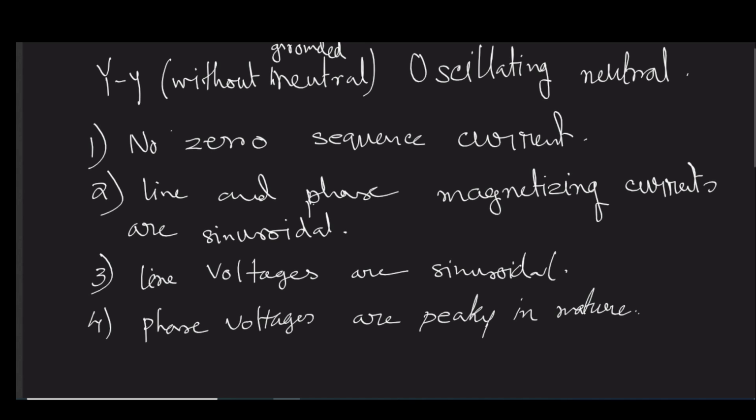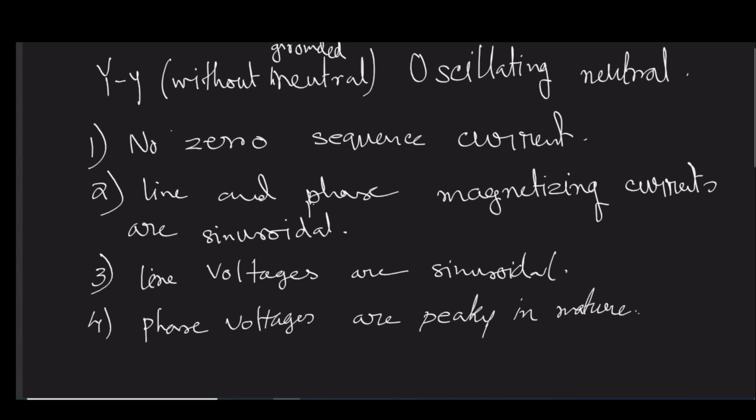Or if you are not getting that, you can also consider 50 cycles per second, so one cycle is completed in 1 by 50 second. However, in the case of our third harmonic oscillating neutral, the neutral is rotating at a speed of 150 cycles per second. So that is a very dangerous case for this oscillating neutral.